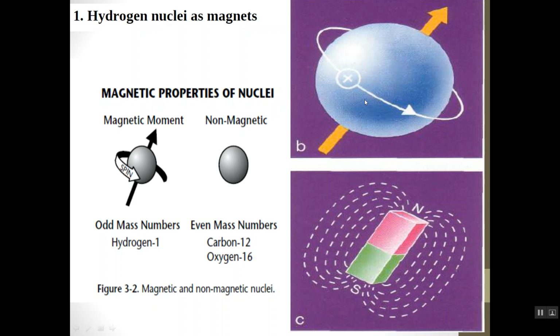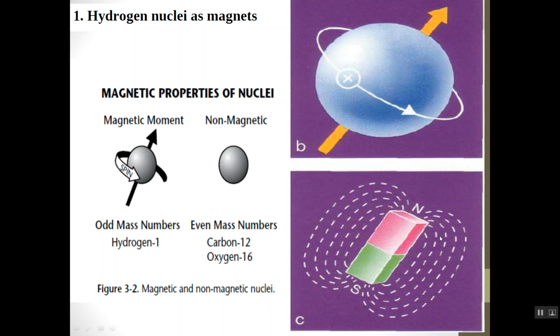Any moving charge causes a magnetic field. So this charge moving in a circular path, spinning around itself, causes a magnetic field. Now it's like a small magnet. So the proton inside the hydrogen atom is like a small magnet.